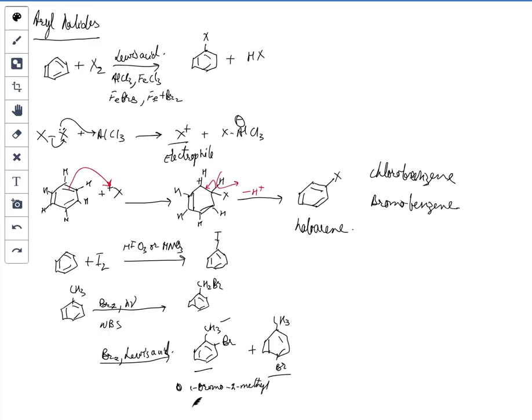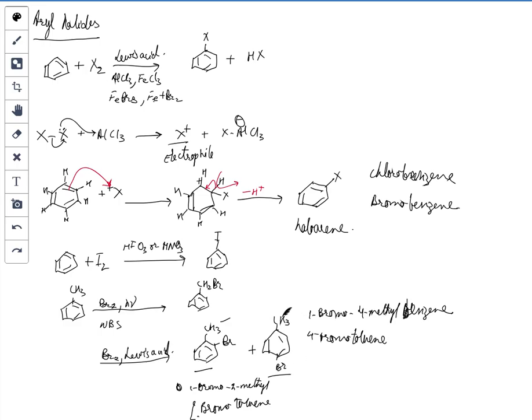The other name, if you wish, would be 2 bromotoluene. Now this particular compound, you can term it as 1 bromo 4 methyl benzene, or you can use it as 4 bromotoluene.